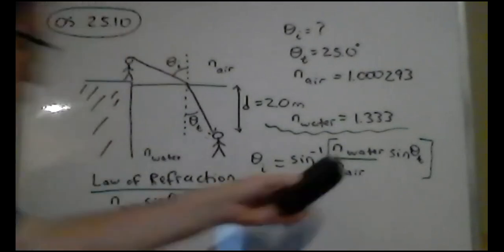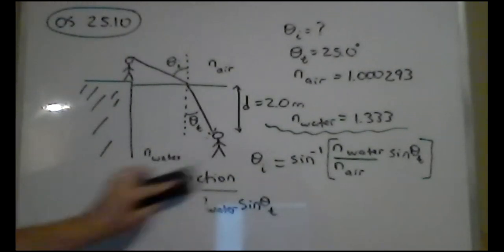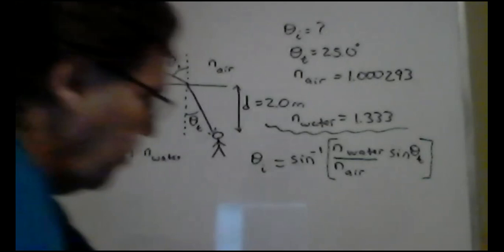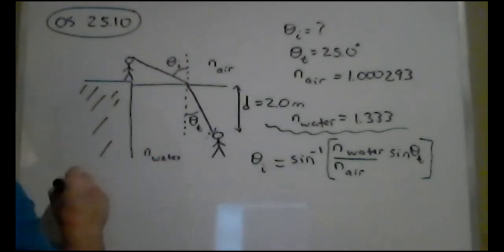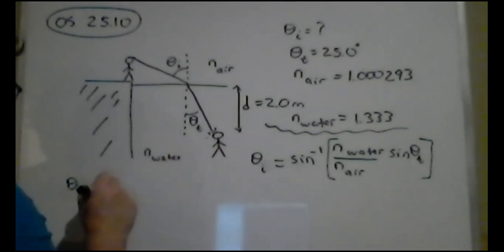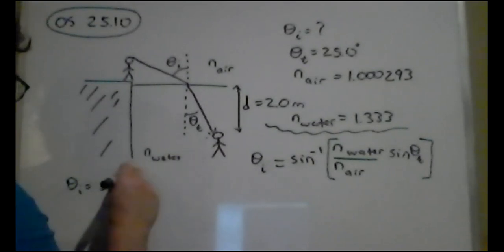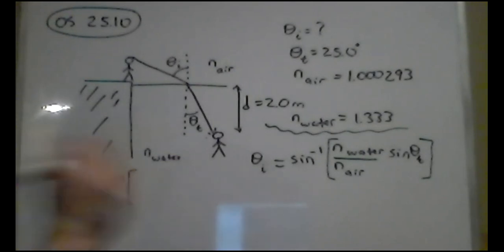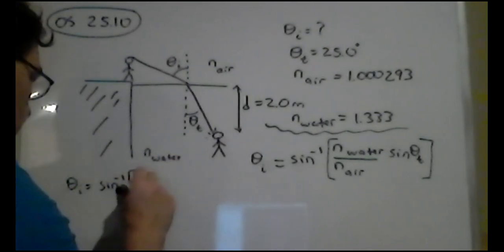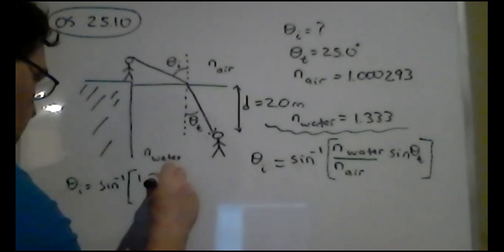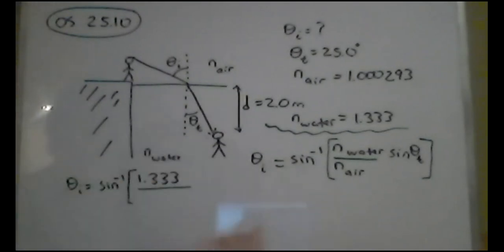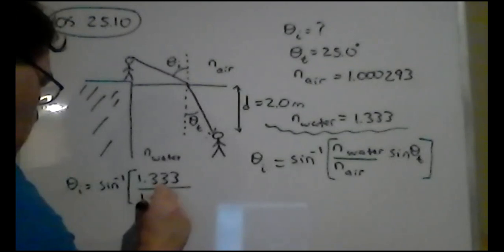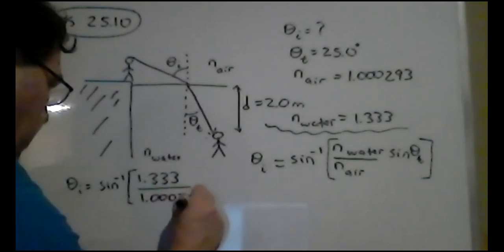So plugging in numbers, employing the law of refraction, theta sub I is the inverse sine of n water, which is 1.333, divided by n air, which is 1.000293.